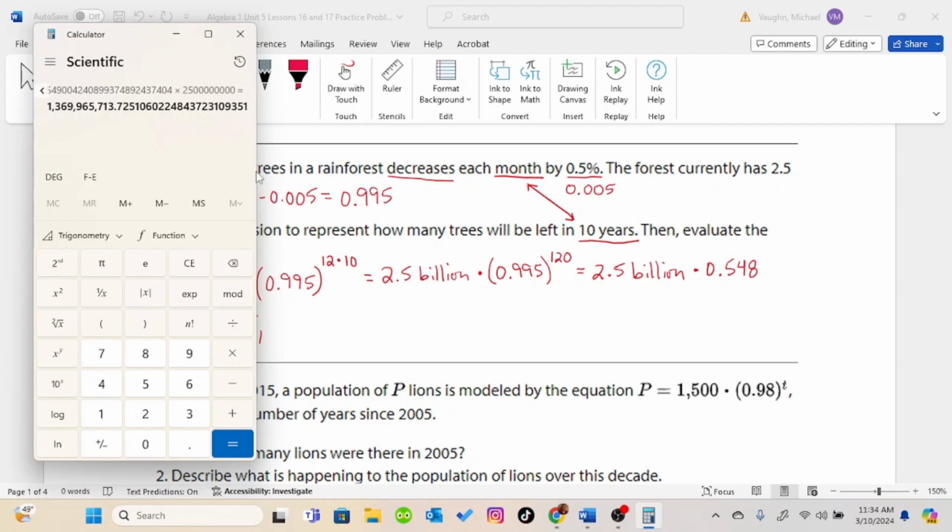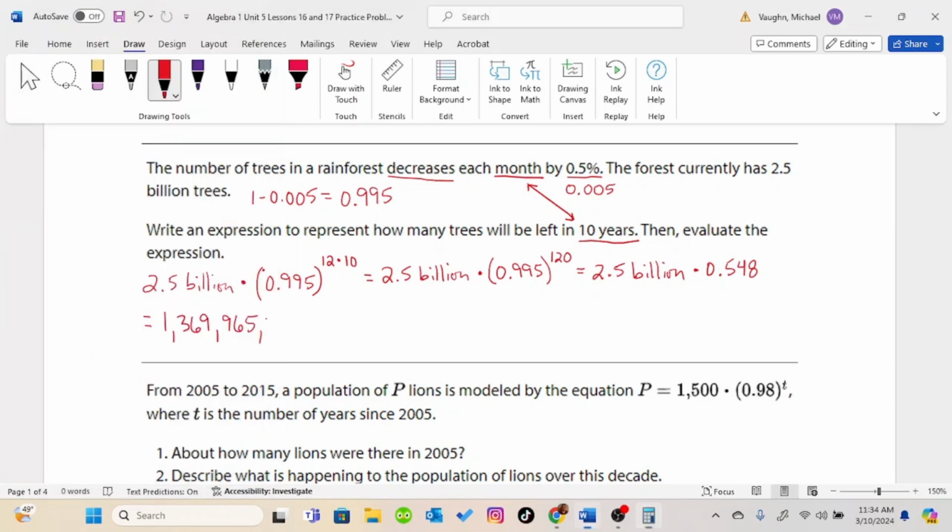So we'll say 714 because the 7 rounds the 3 up. So if the rainforest starts at 2.5 billion trees and loses 0.5% each month, then 10 years later, there will be just over 1.3 billion trees left.